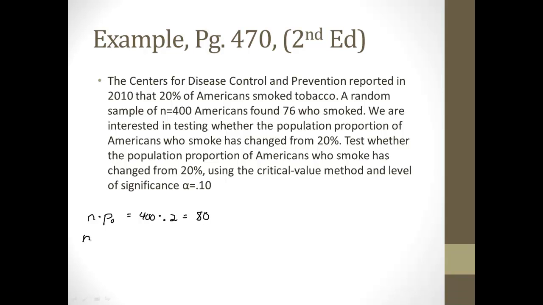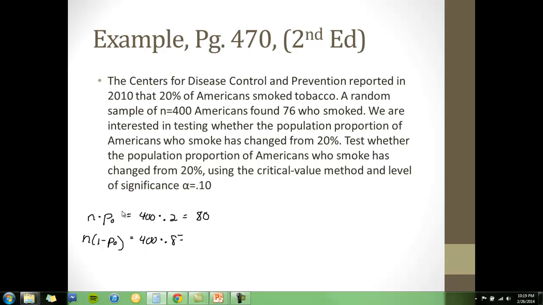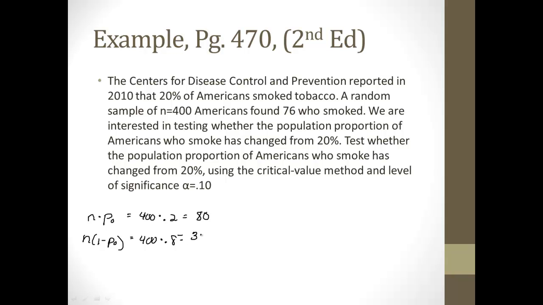And then n times 1 minus p0, that is 400 times 0.8, which equals 320. So it's greater than 5. We could have also skipped this step and just taken 400 minus 80, and we would get the 320, both of which are greater than or equal to 5.